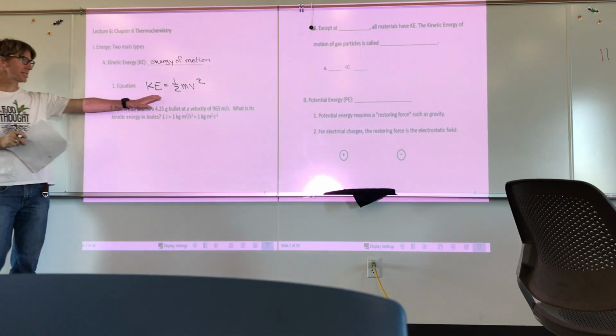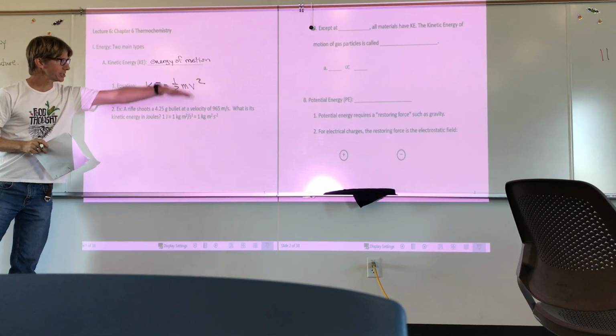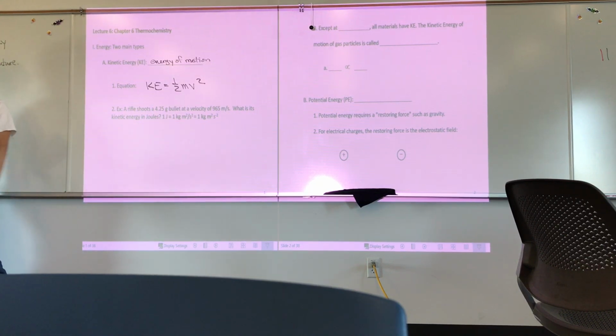And we'll just keep it with no bars on any of them because we're going to actually do a calculation for a specific bullet in this case, of all things. A rifle shoots a 4.25 gram bullet at a velocity of 965 meters per second. What is its kinetic energy in joules?